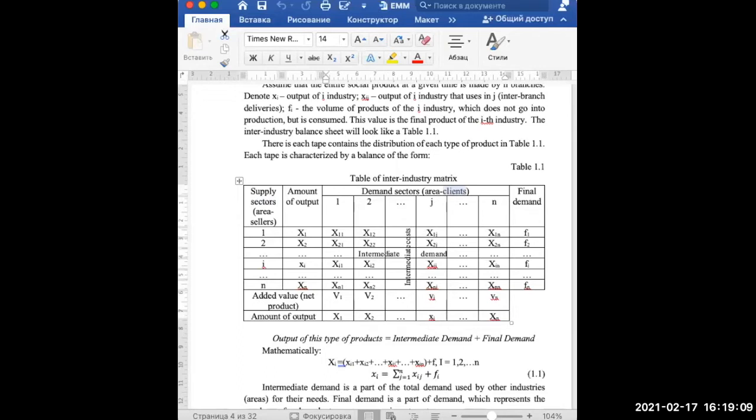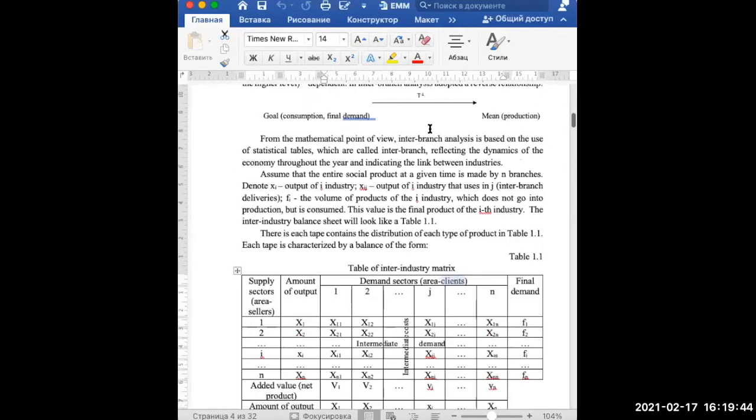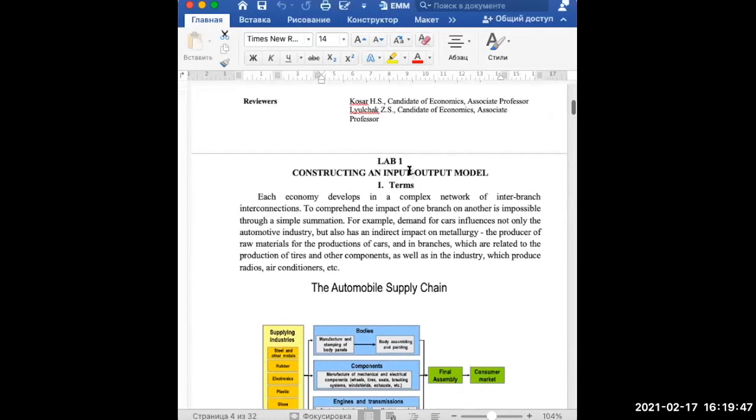So if it is understandable, you are ready to get to know the basic assumptions. So the first basic assumption is that we talk about a closed economy without the influence of import or export. So we talk in this model only about a closed economy without the influence of export and import.